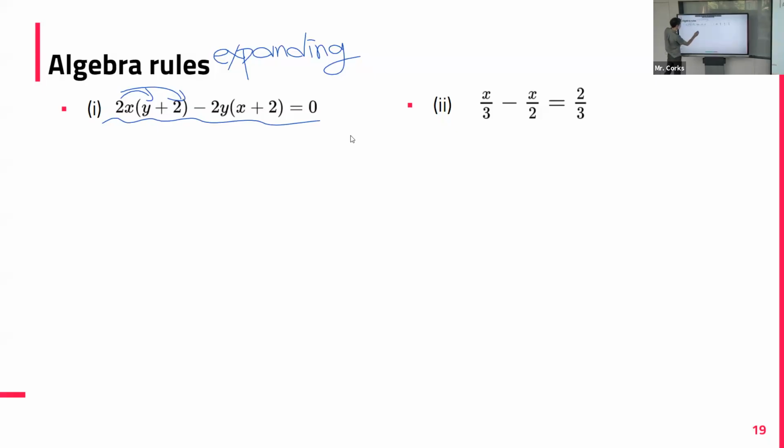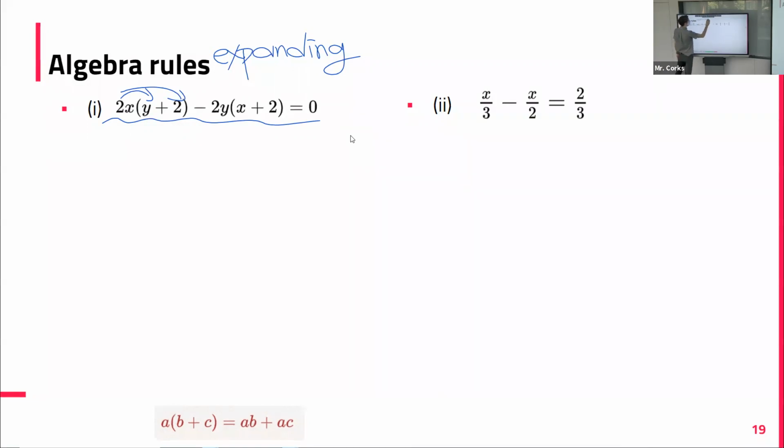So at the bottom of the screen, if you're in the classroom, it's a little hard to see, but you can kind of see it at the bottom there. This is just the basic pattern. If we have something outside brackets multiplied by something in brackets, we expand to go one way, or we factor to go the other way and find the common element and pull that common element out.